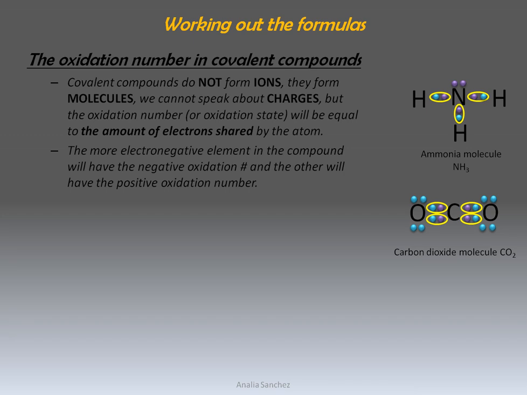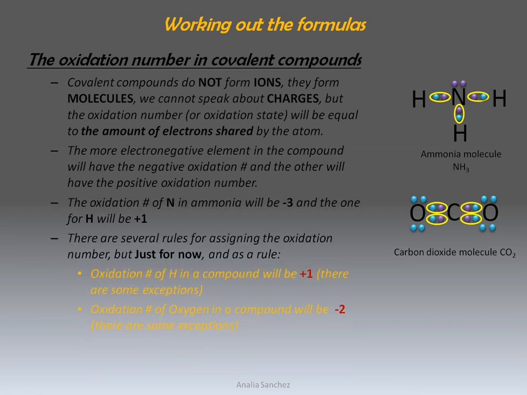So the positive sign will be for the hydrogen because it's more electropositive, or the nitrogen is more electronegative. The oxidation number then for nitrogen in ammonia will be -3, 3 because there are 3 electrons involved, and negative because it's the more electronegative. And the hydrogen will be +1 because it's sharing only 1 electron, but the nitrogen is more electronegative, so the hydrogen has to be positive.